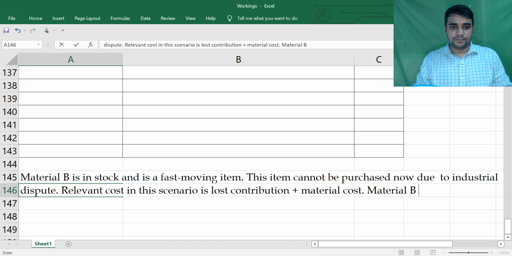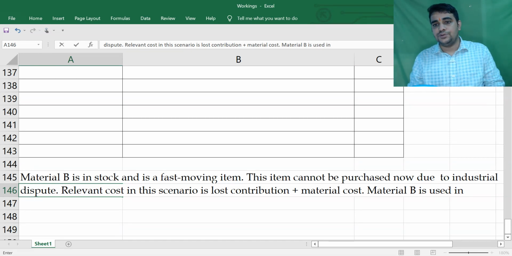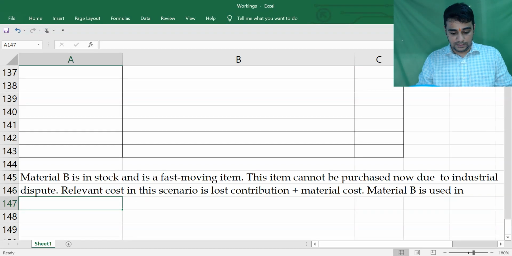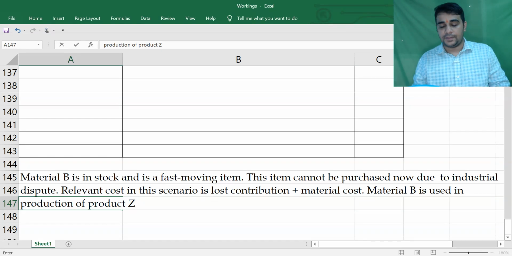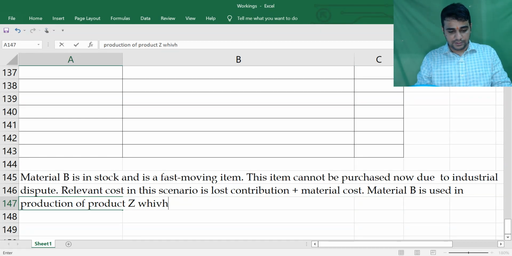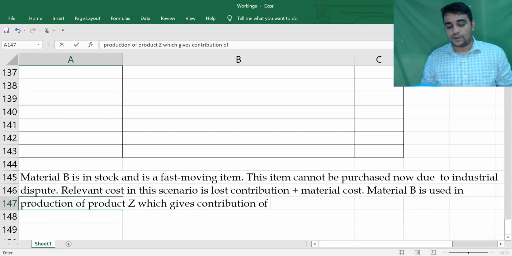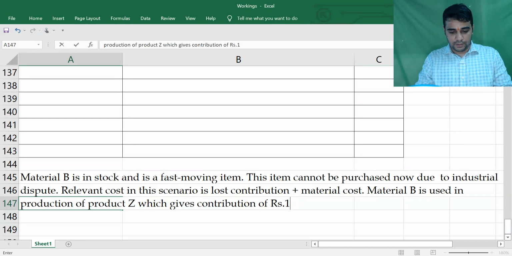Material B is used in production of product Z, which gives a contribution of 180 per unit.